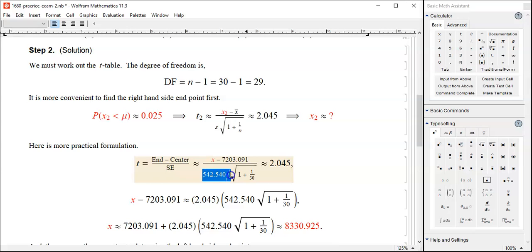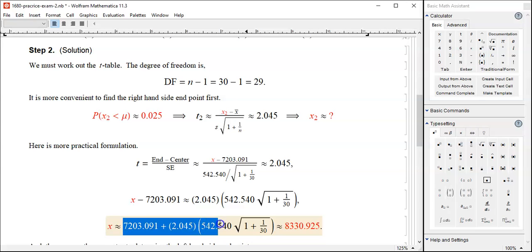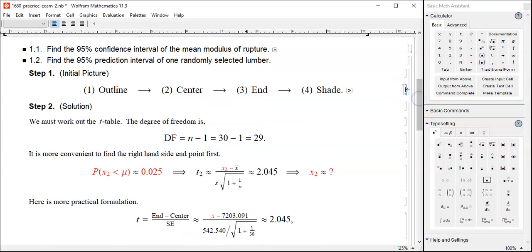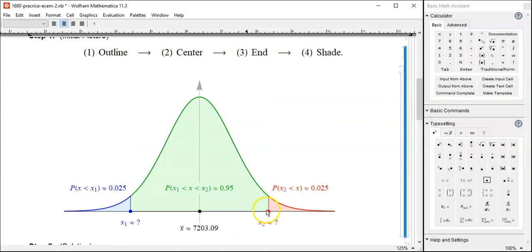So all you have to do is flip over this denominator to the other side by multiplying, which I did over here. And then flip over this one to the other side, and so that we have addition. So we have center plus t-statistic times standard error. Run your calculator. What do we have? 8,330.925. That is the right-hand side endpoint here.